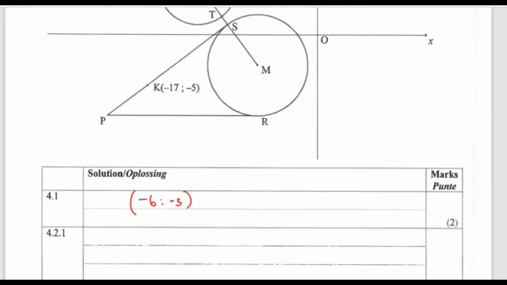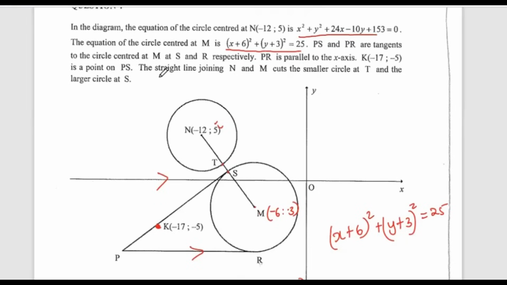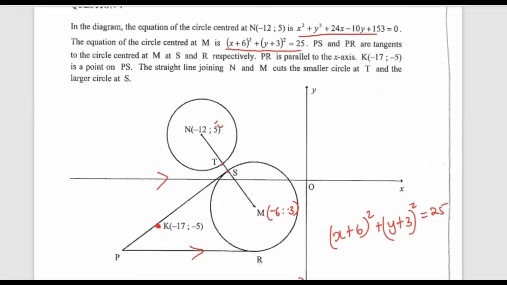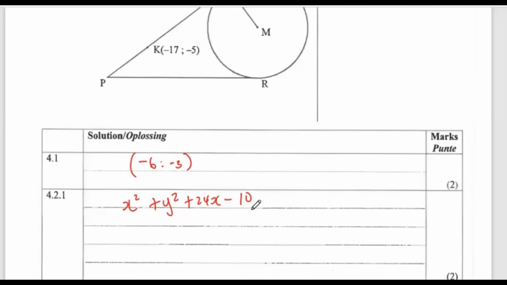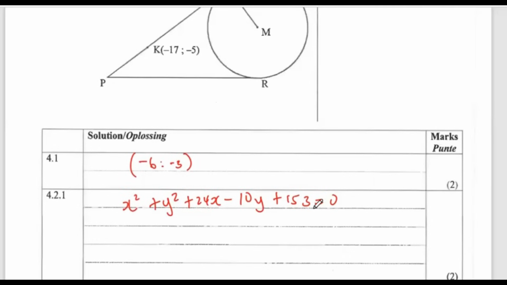So from the equation, which is x squared plus y squared plus 24x minus 10y plus 153 must be equal to 0. Okay, there we go.